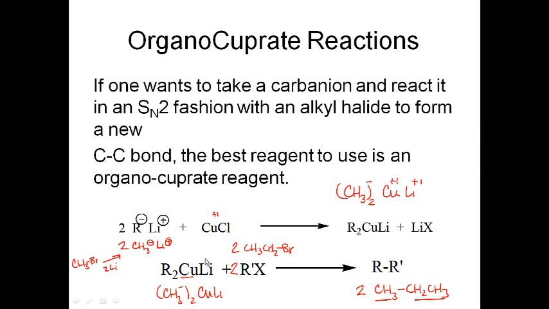Okay, so all of these reactions are what are called organometallic reactions because they involve the reactions of reagents that have an organic portion, a carbon-based portion, and a metal, whether it's magnesium or lithium, or in this case, a lithium and a copper.